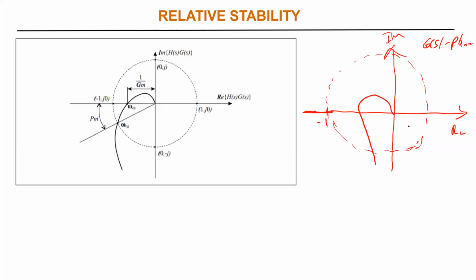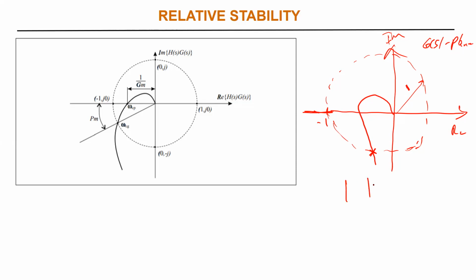What is the radius of this circle? 1, unity. Then find what is the angle at this intersection. No, not when omega equals 1, sorry.